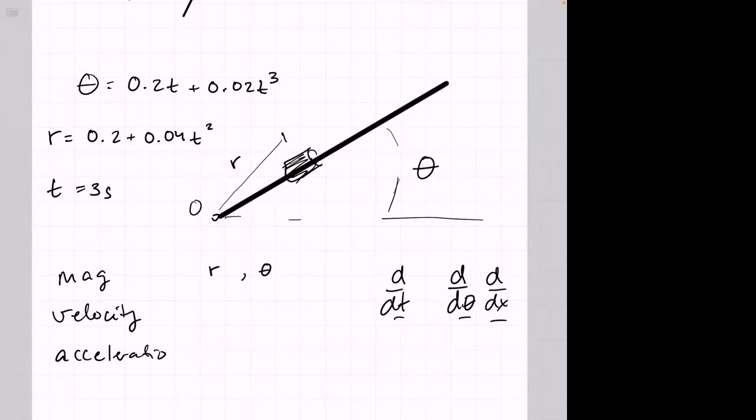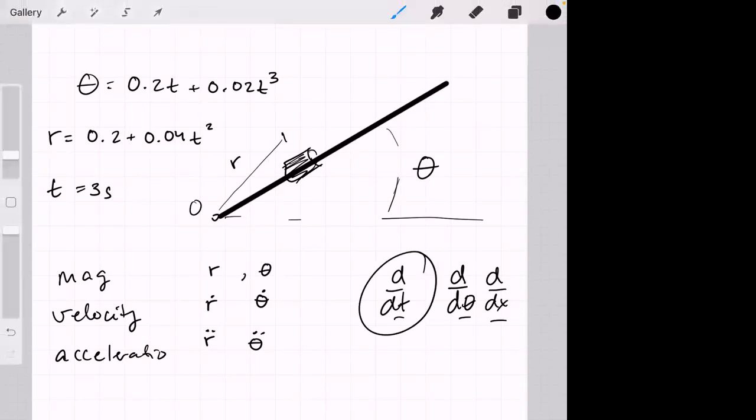I am going to switch to the way that the book does it, where if it's a derivative, there's a dot on top of it. And I would imagine you've seen this before. I will only use this dot to indicate a derivative if it's a time derivative. If it's an unusual derivative, like d over d theta or d over dx, I will write that out.